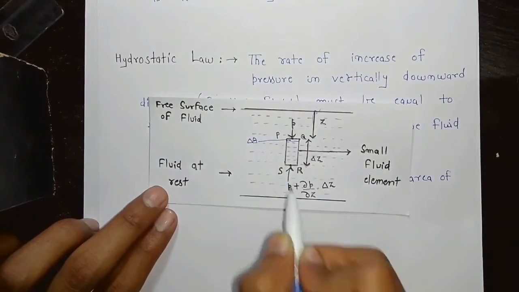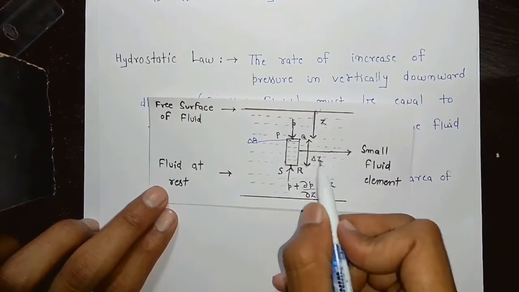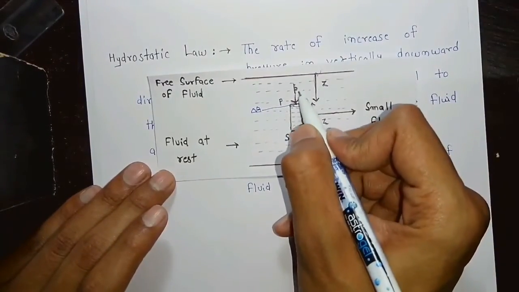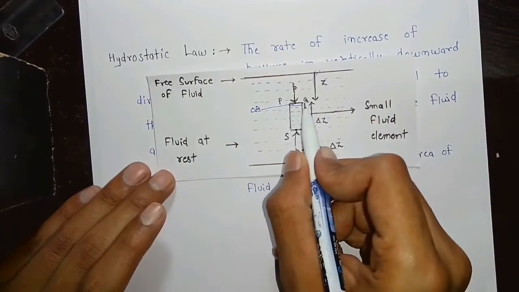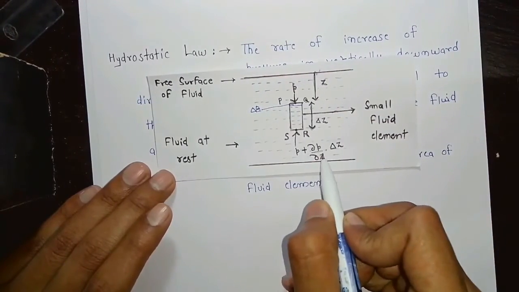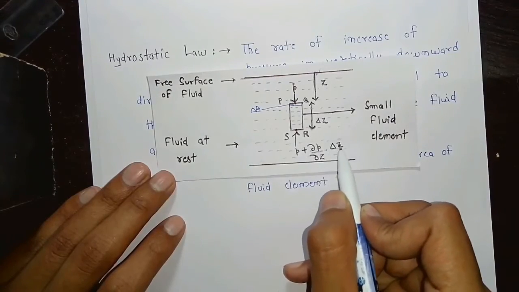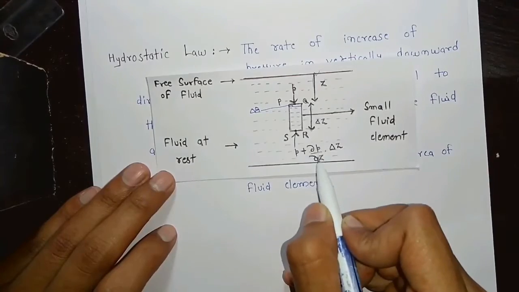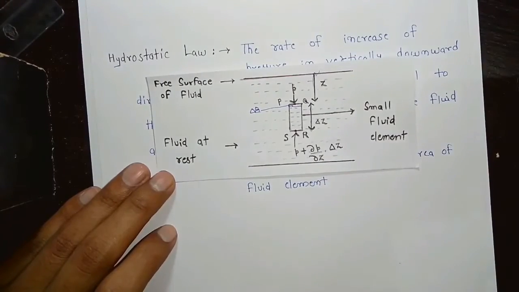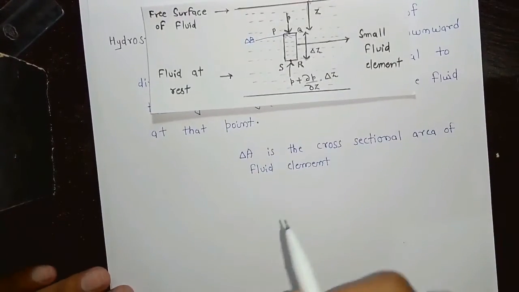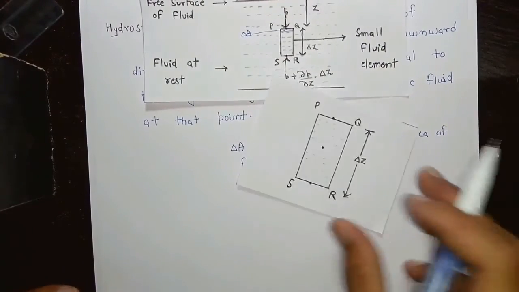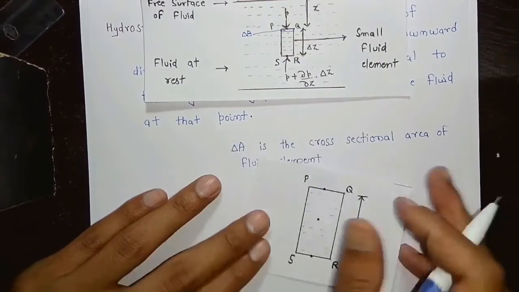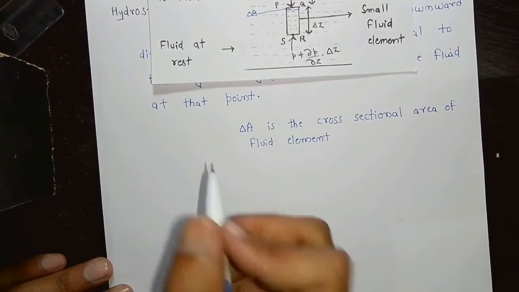Same for SR. If p is the pressure at PQ face, then at RS it will be p plus del p divided by del Z into delta Z, but in upward direction. PQRS, sorry.